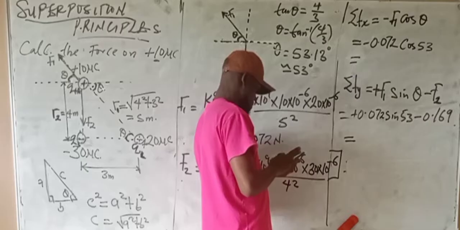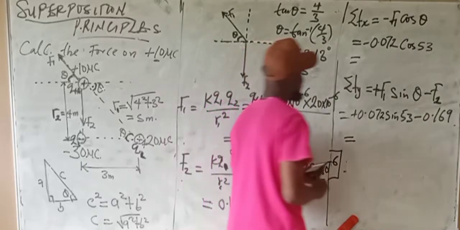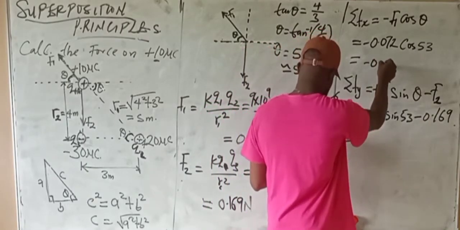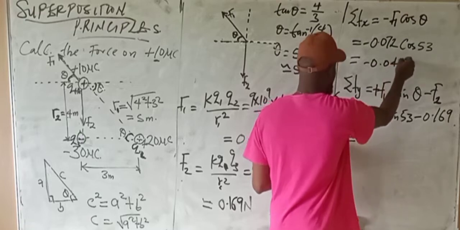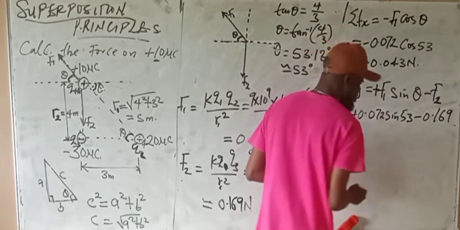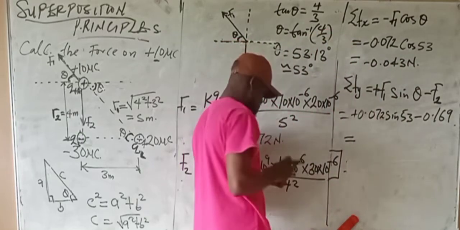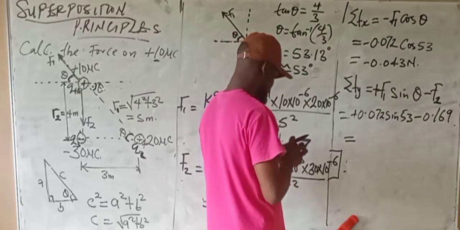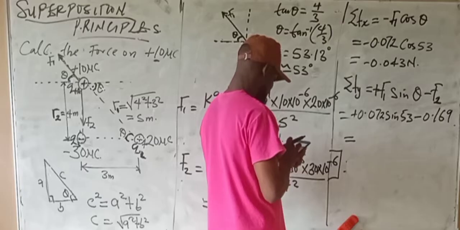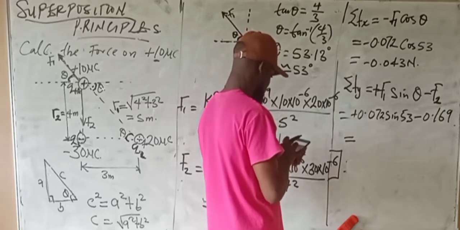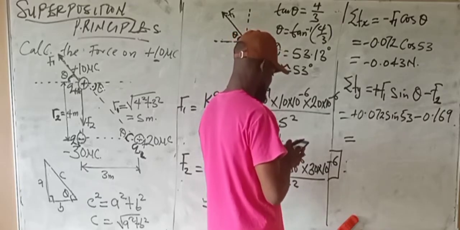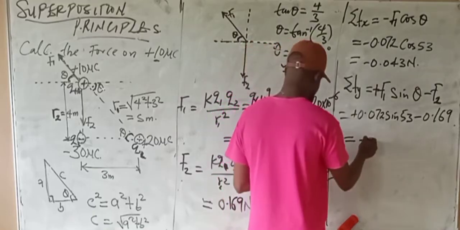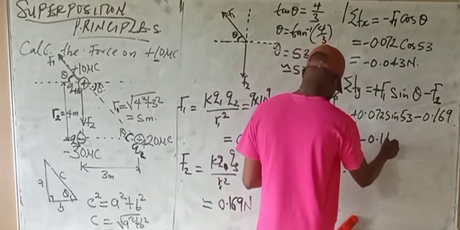I'm having minus 0.042 newtons approximately. Let's check for this other one. For this second one, we have 0.072 sine 53 minus 0.169. So I'm having minus 0.1115.